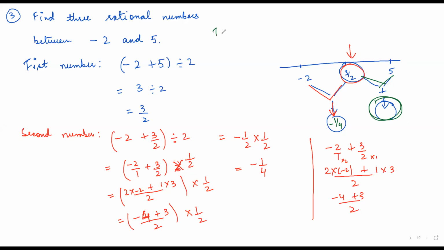So the third number will be, this time I'm adding 3 by 2 and 5, and then divided by 2, right? I'm doing the calculation here.